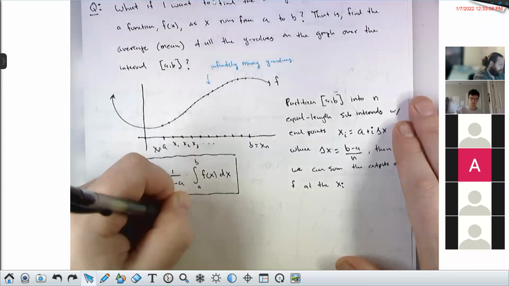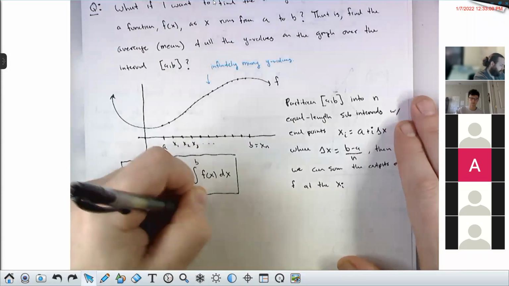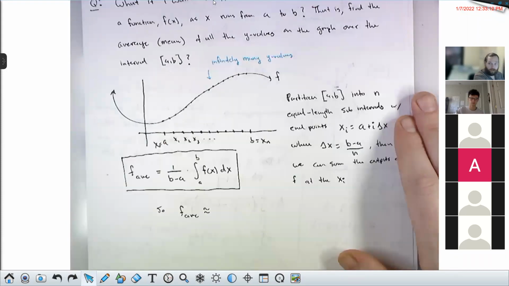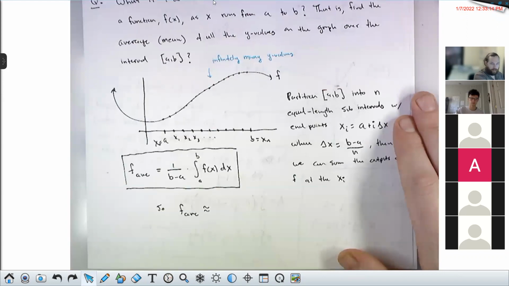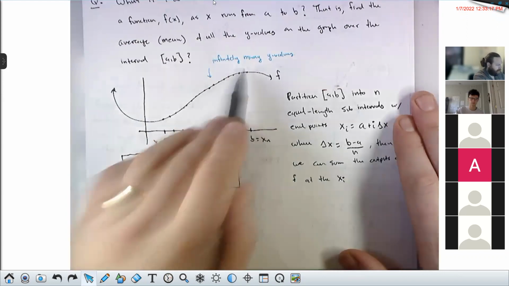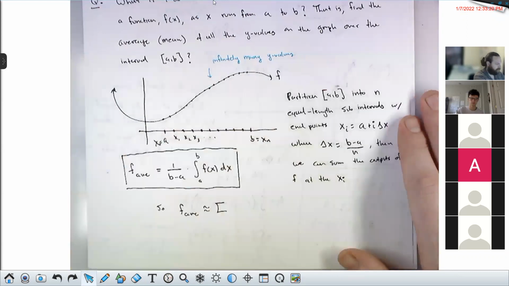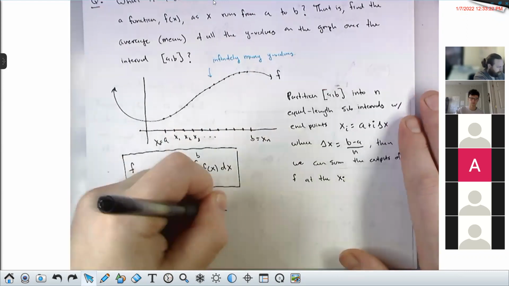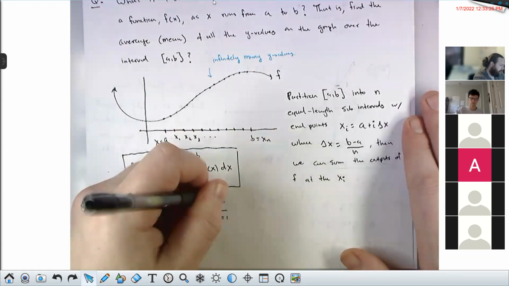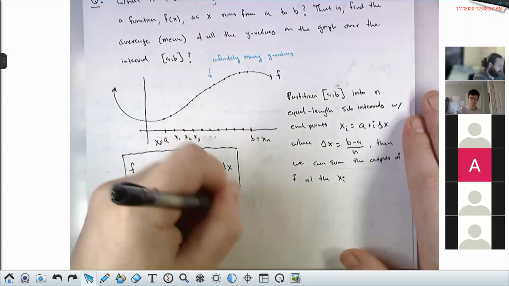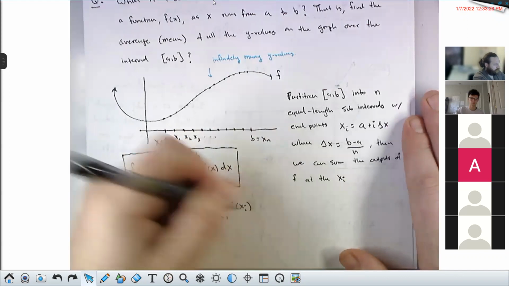So f av might not be exactly equal to, but should be approximately equal to the sum of all of these y values, which we would write as capital sigma i from 1 to n of f of xi.